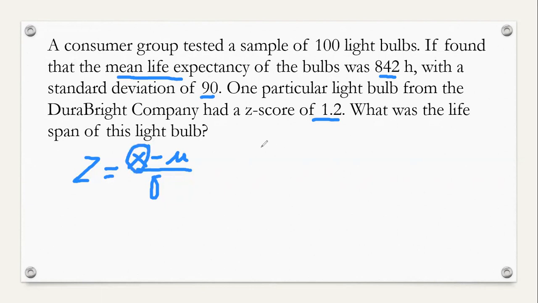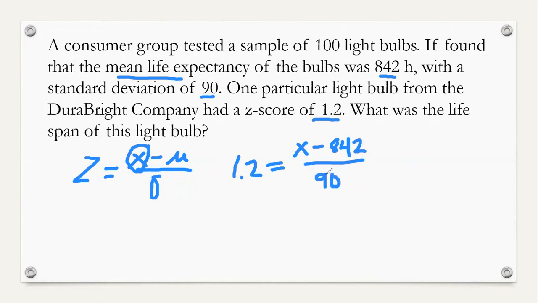So substitute the values, we'll have 1.2 equals X minus the mu, which is 842, divided by 90.